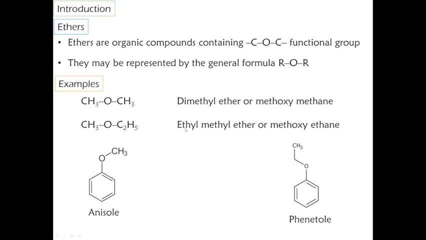First we have to start with the alkyl group that comes first in alphabetical order; here methyl, M, comes after ethyl, E. So we first give ethyl for naming this compound, then methyl ether. Otherwise we can call it methoxyethane: CH3O is methoxy, and C2H5 is ethane.